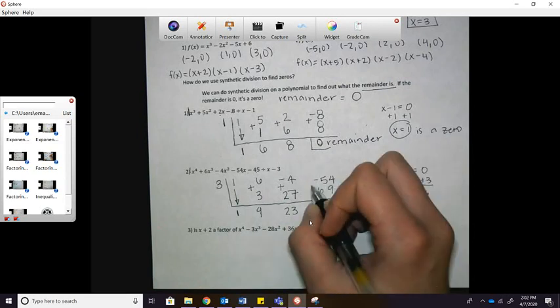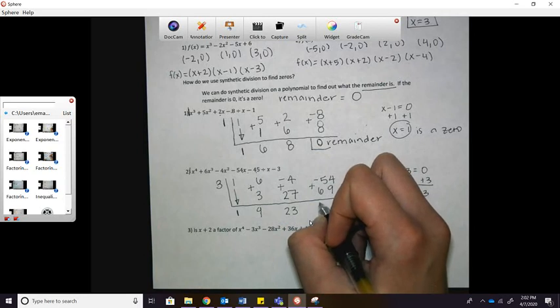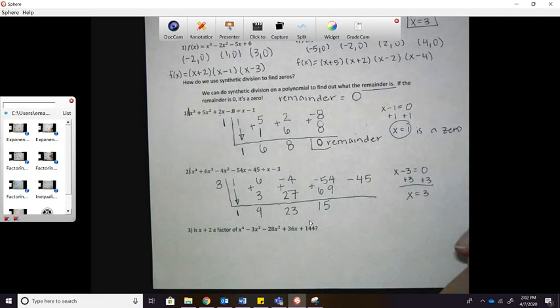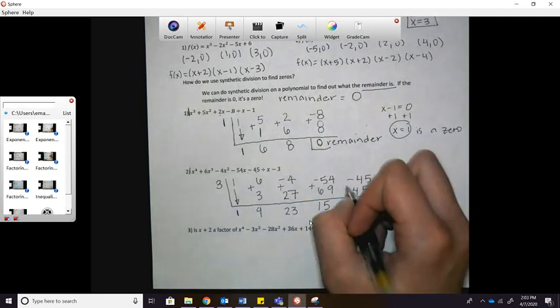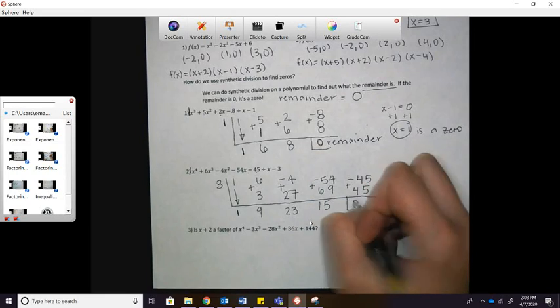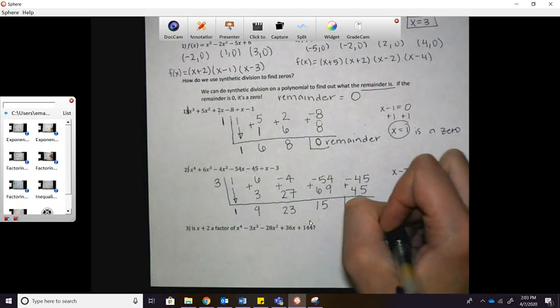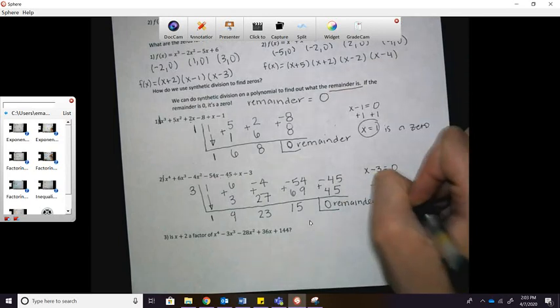Going to add 15. I'm going to multiply 3 times 15 to get 45. Add, remainder of 0. So yes, at 3, that's a 0. So x equals 3 is a 0.